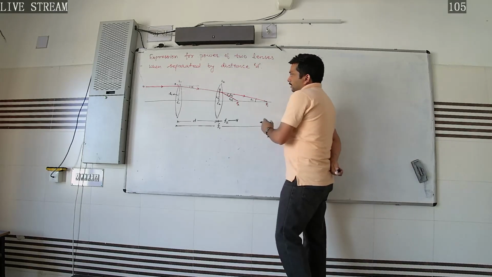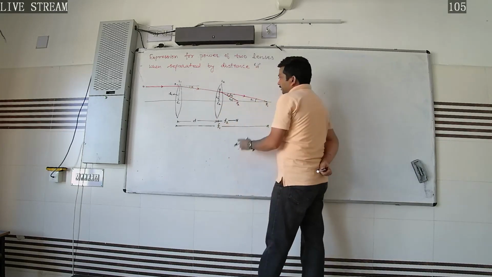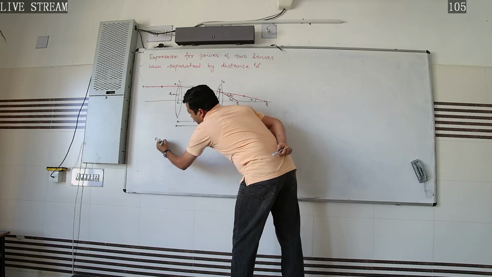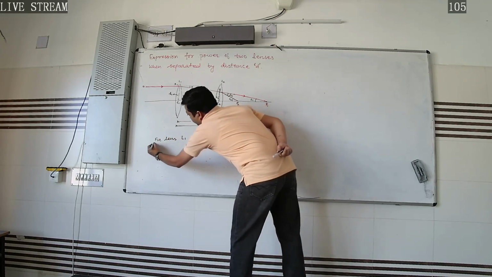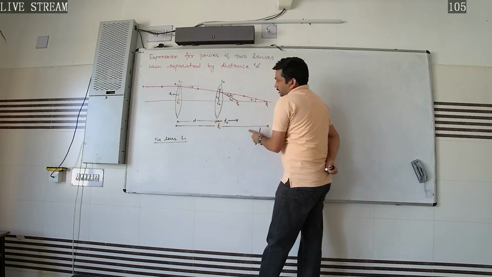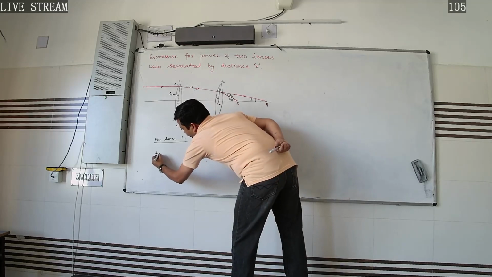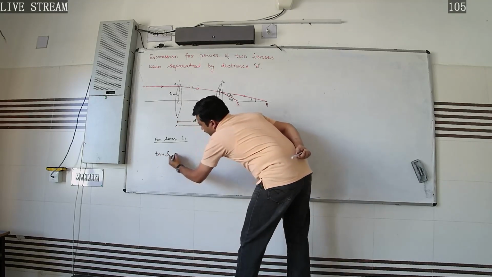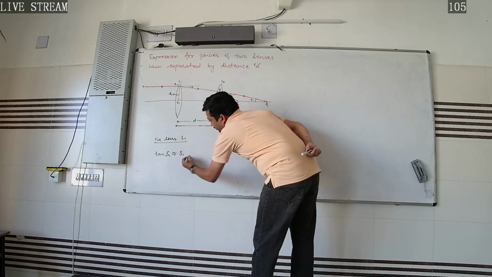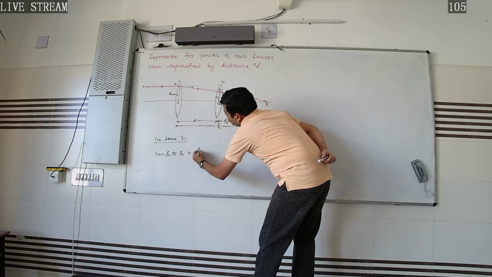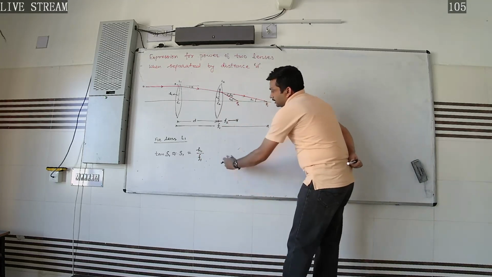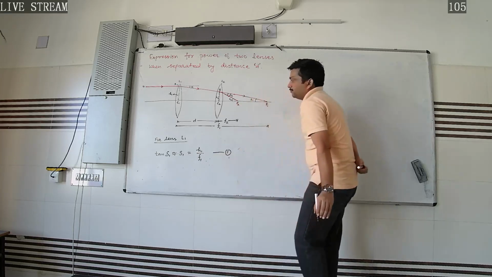Now if we talk about lens L1, the deviation produced is delta 1. So I am writing here for lens L1, tangent of delta 1, that is approximately equal to delta 1, and delta 1 is equal to H1 over f1. In this way we can write, let it be equation number 1.